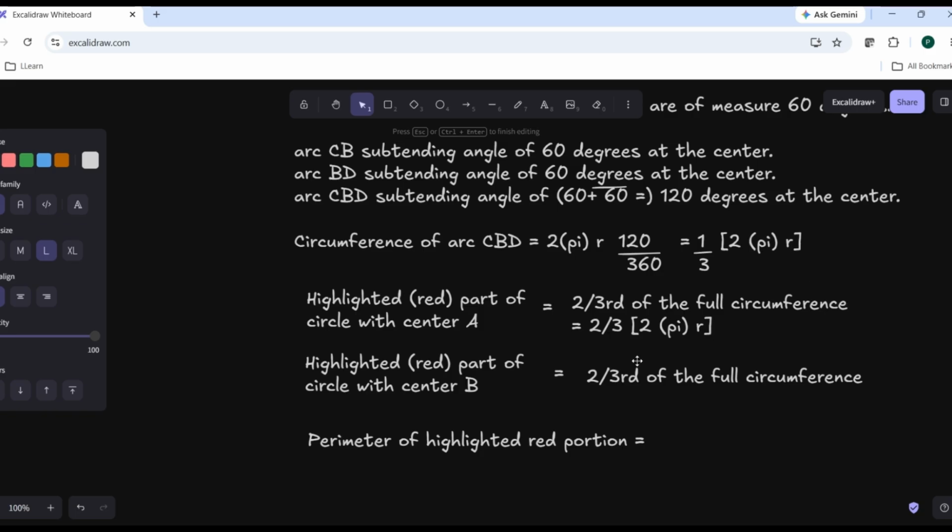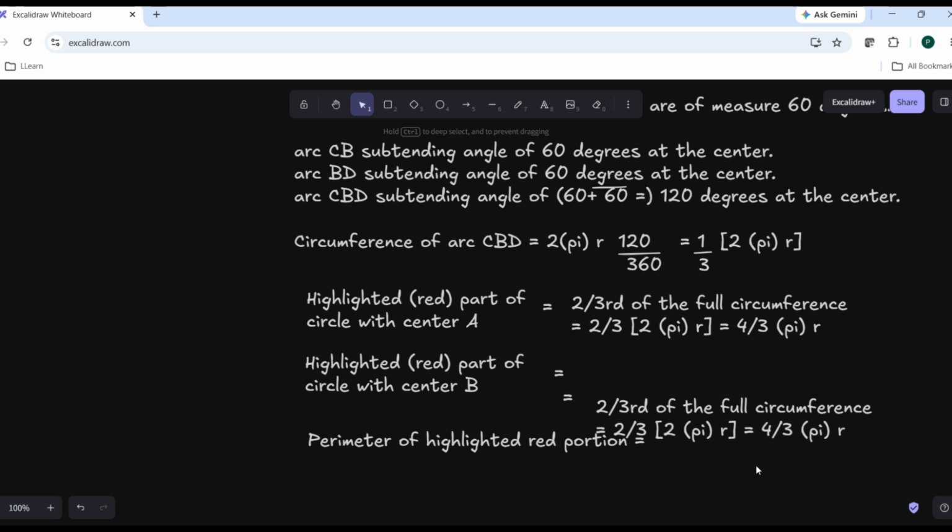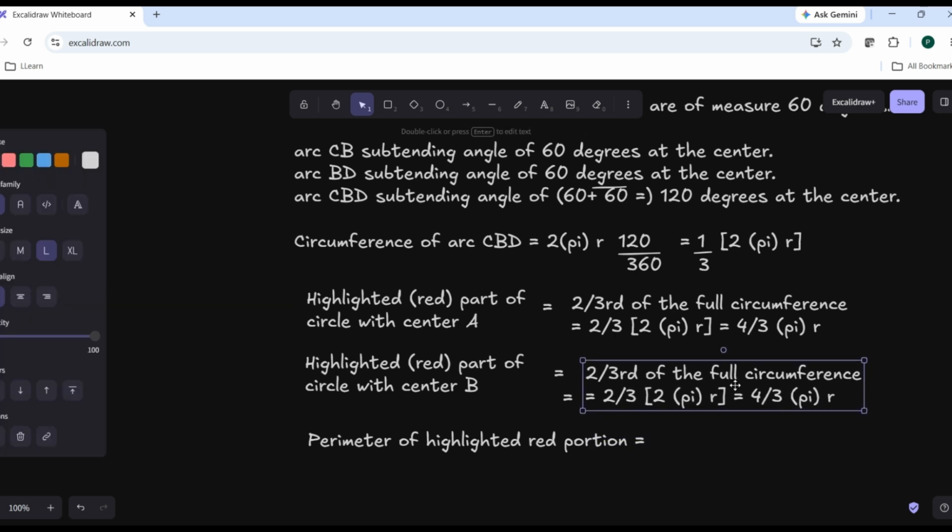Or you simplify it, then it becomes 4/3 pi r. Similarly, this is also the same.